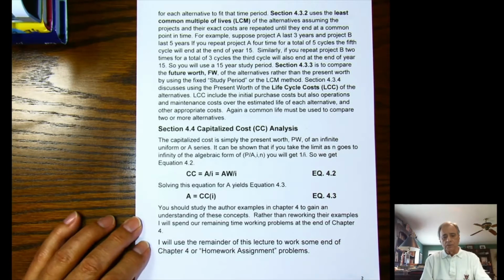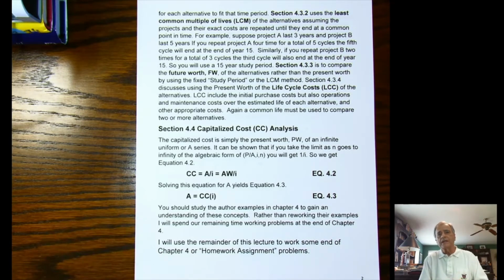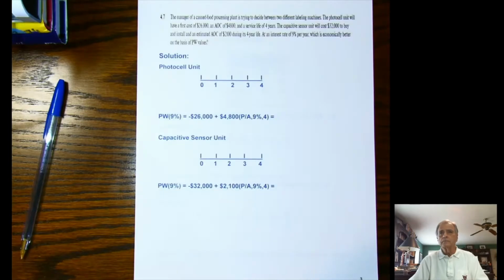And so rather than spend a lot of time working through all the examples in the book, which I recommend you go there and read through them, make sure you understand them, I'm going to work some homework problems for you. And we'll start with problem 4.7.